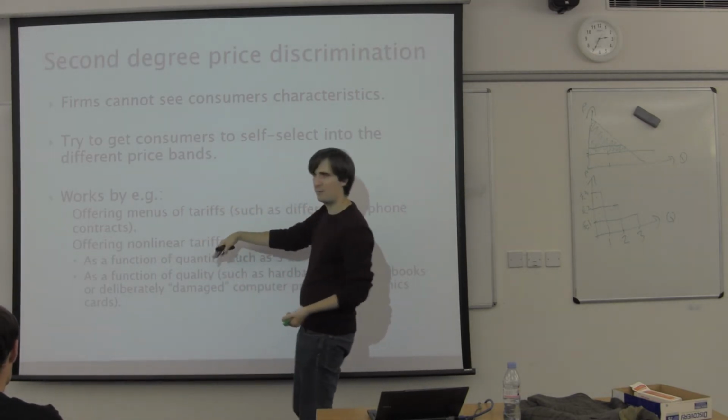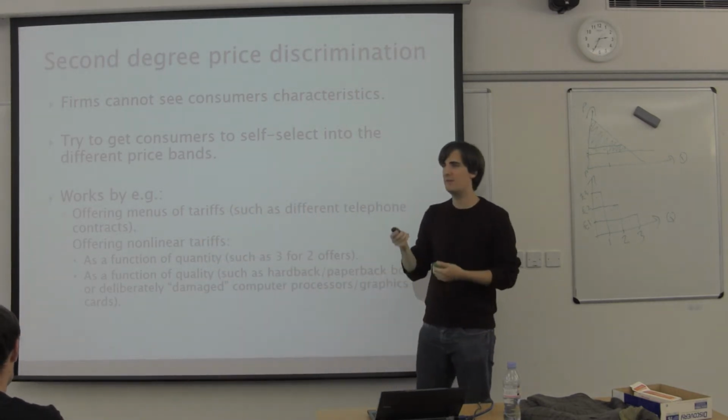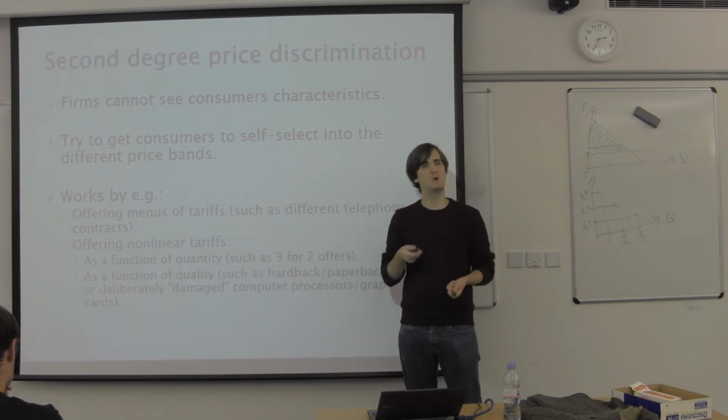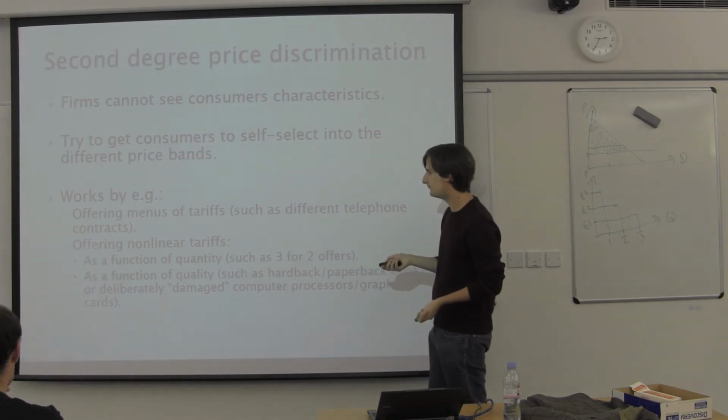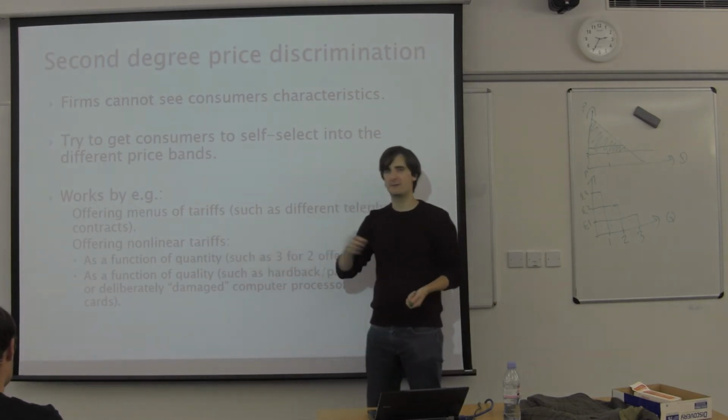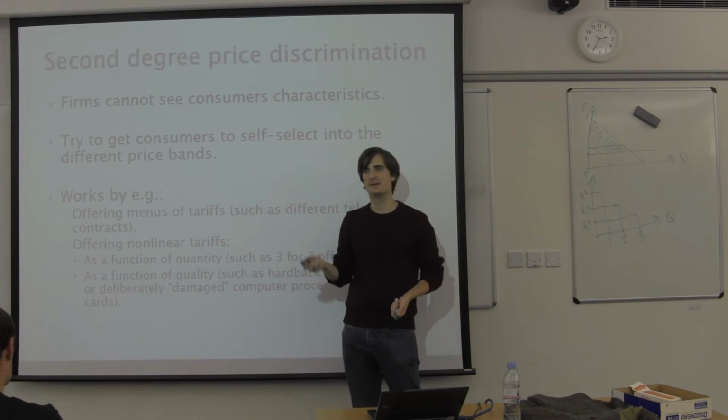Another way you can do it is by offering non-linear tariffs. These 2-part tariffs we were looking at before are precisely an example of non-linear tariffs. So the price people pay is a function of the quantity they demand.